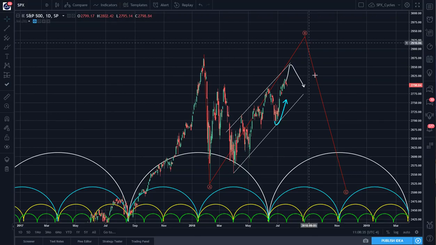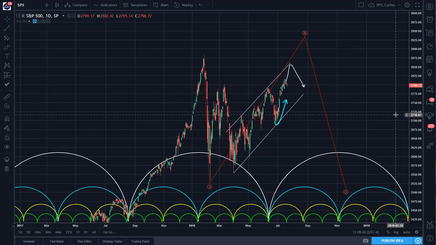Now, this ABC is an alternate. The reason why I put this ABC is because this looks very A, B, 3 wavy so far. This is very overlapping. Can you see the overlaps? How the price is overlapping? Can you see the bear flag? Exactly.